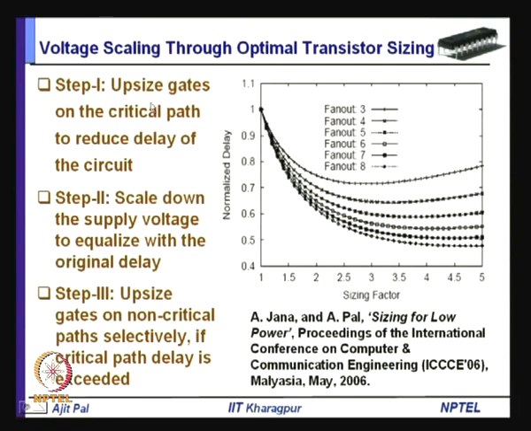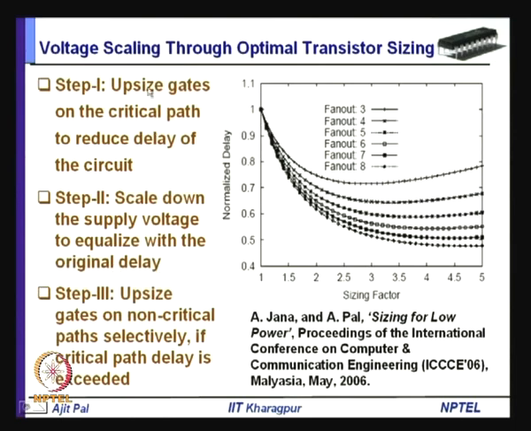So, then we follow these steps. We have a complex circuit where there are some critical paths and non critical paths. So, upsize gates on the critical path to reduce delay of the circuit. Obviously, as we do the sizing on gates of the critical path, there will be reduction in the delay. Then the second step is to scale down the supply voltage to equalize the original delay.